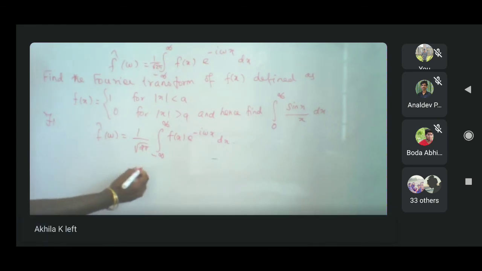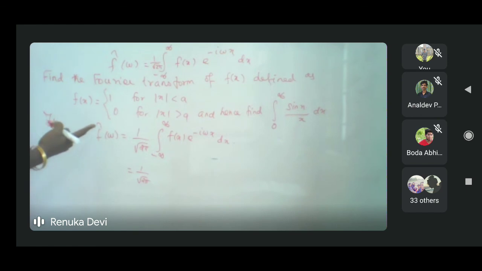Is equal to 1 by root 2 pi. What is your f? F is defined for modulus x less than a and modulus x greater than a. So how can you substitute this function? If modulus x is less than a, it means minus a less than x less than a.